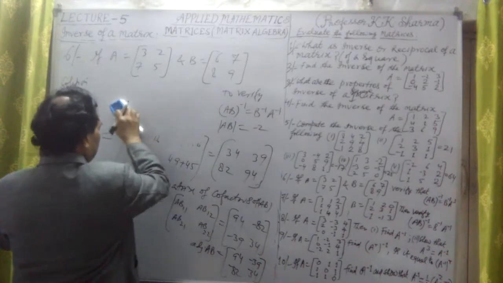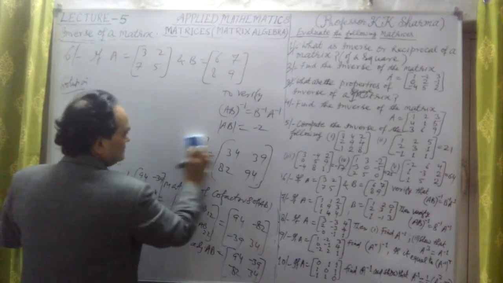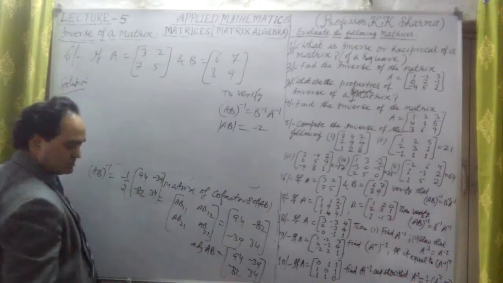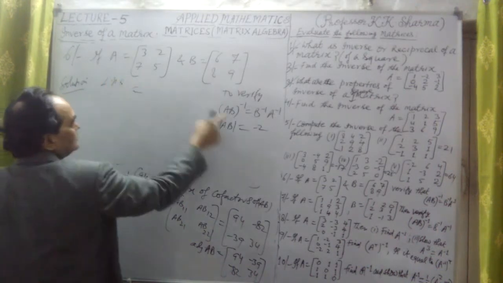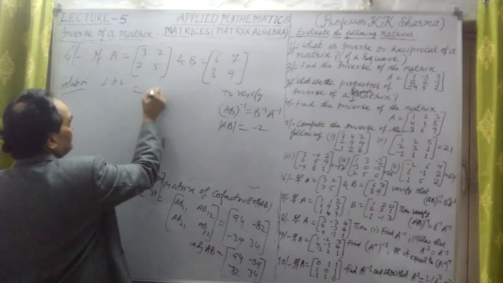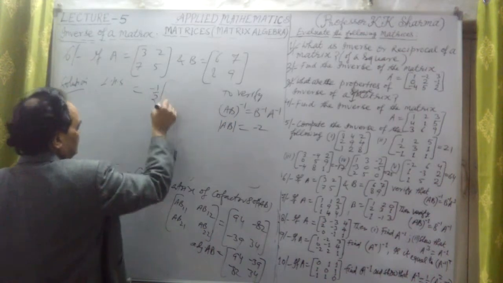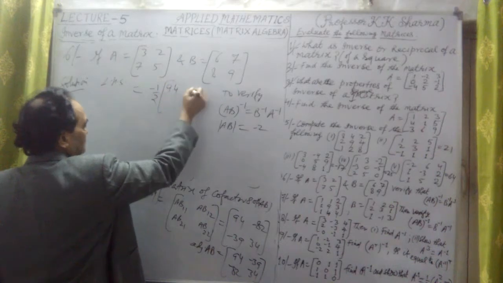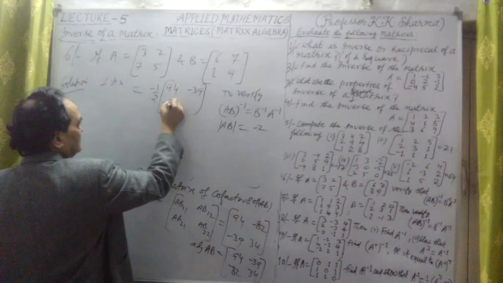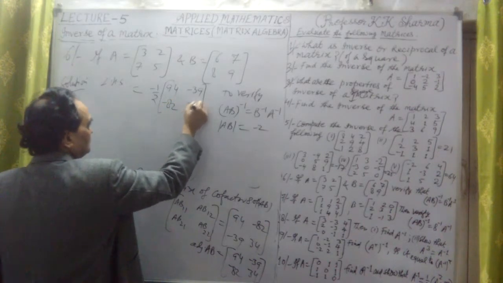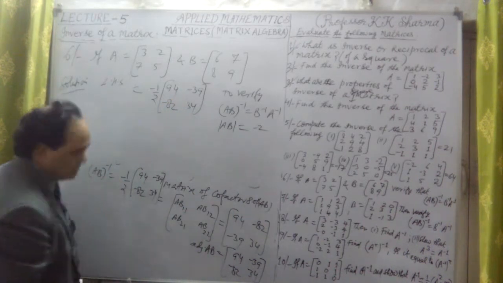Okay, so the left hand side is finally calculated. The left hand side of this verification is minus 1/2 times the matrix 94, minus 39, minus 82 and 34.